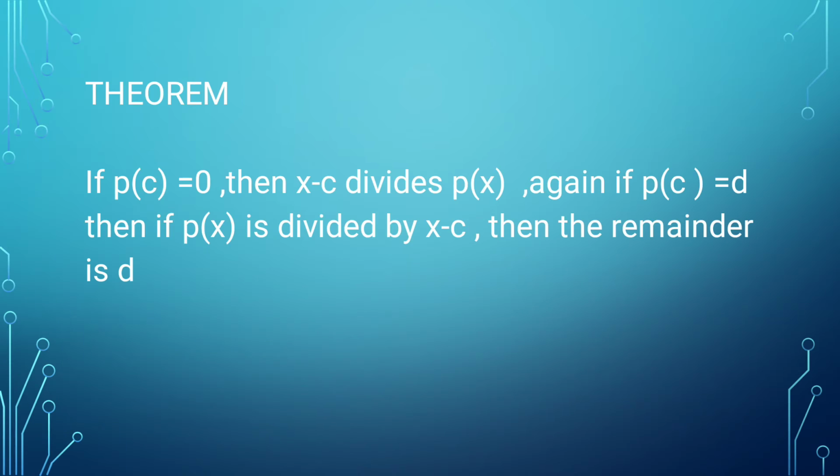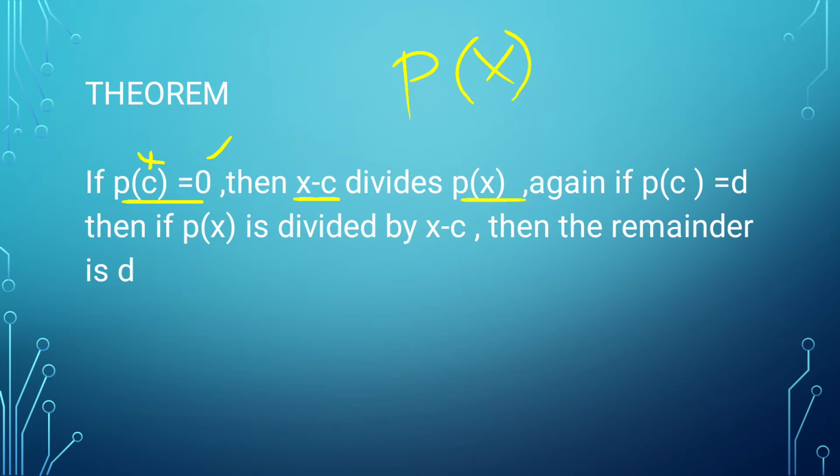What is the factor theorem? If we have a given equation P(c), and you find that if you substitute that given c in that equation, you get 0, then you'll find that x minus c, because this is a function of x, will divide P(x).